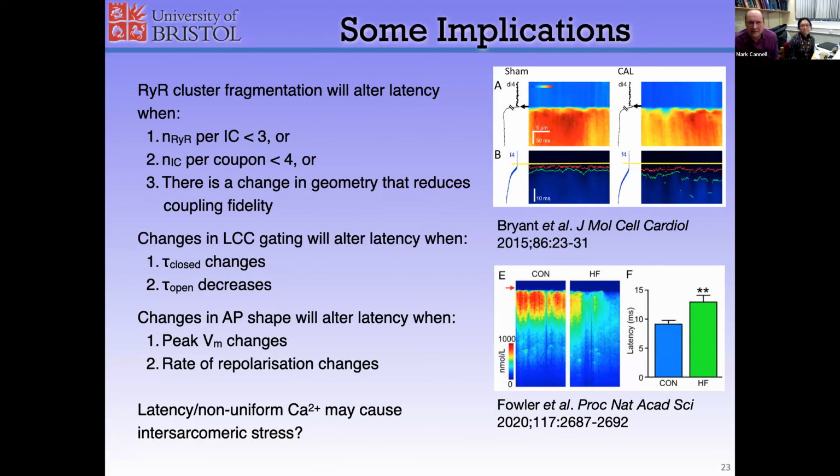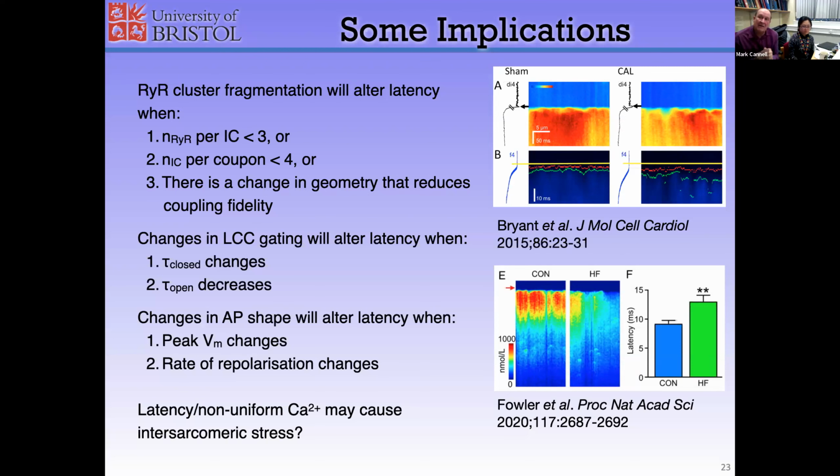So what our modeling says is that cluster fragmentation will alter the latency for EC coupling when the number of RYRs per initiating complex, remember that's the calcium channel plus the RYRs that it feeds, would be less than 3, and that we get less than 4 initiating complexes per couplon.